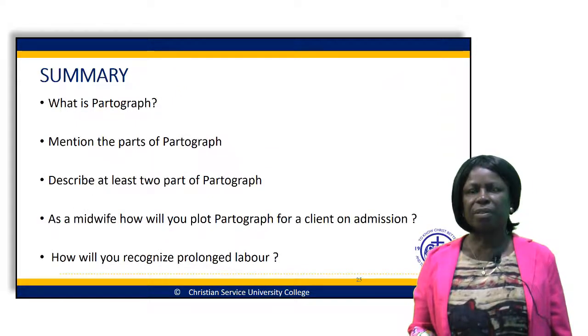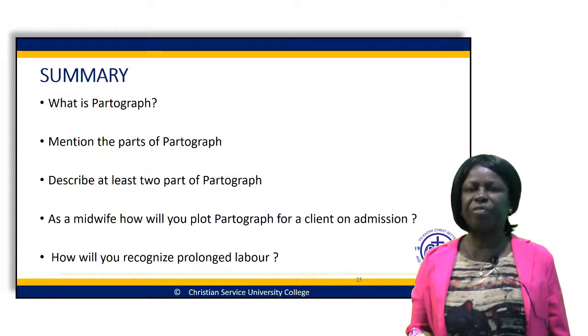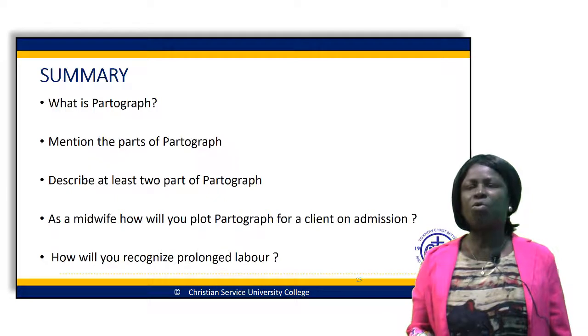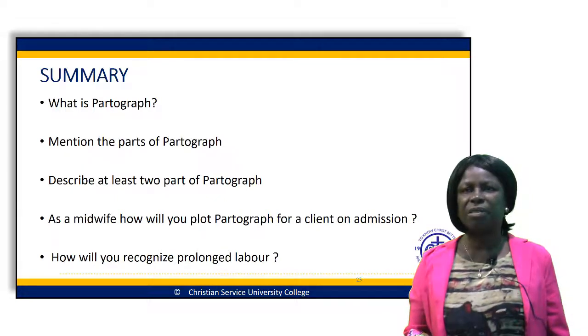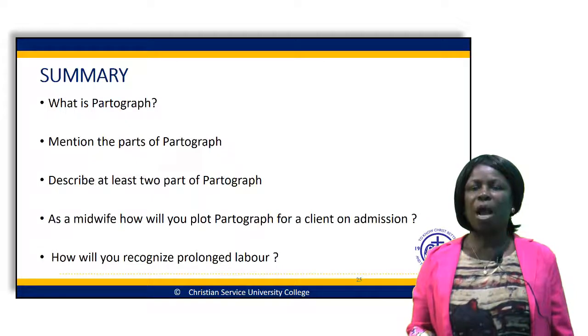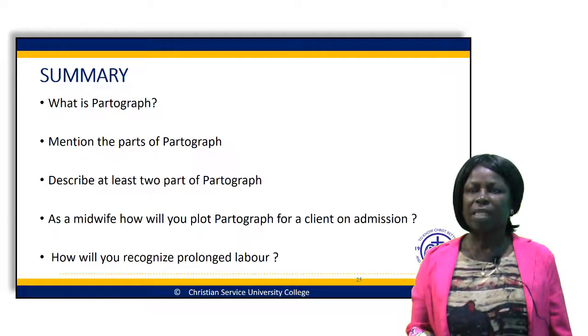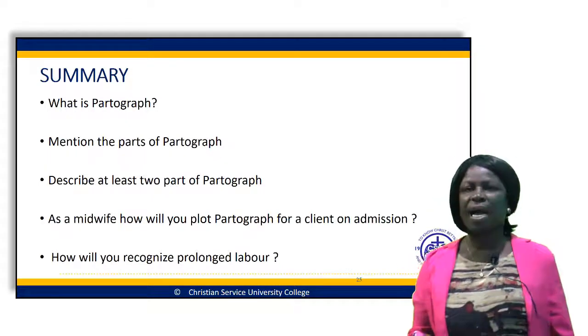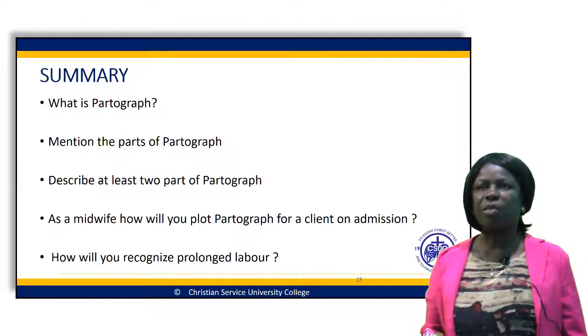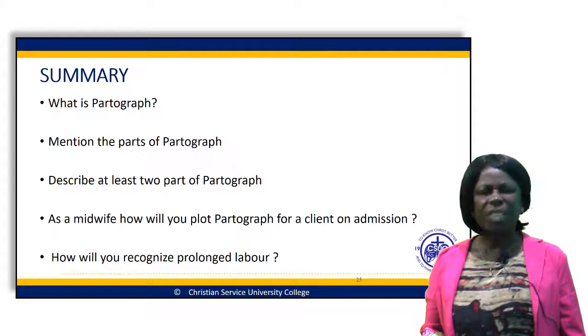Summary. I gave you objectives before starting. I want to know whether I have achieved my objectives, in the form of summary. What is Partograph?